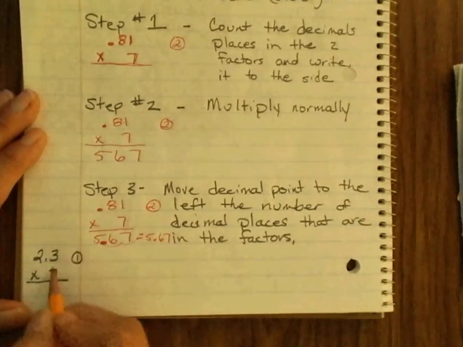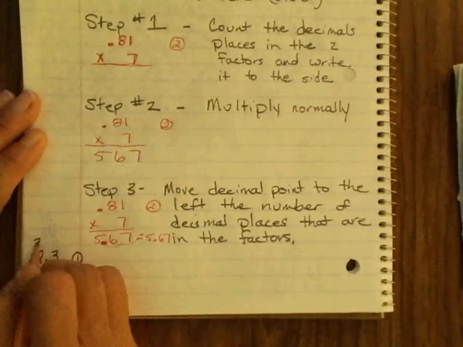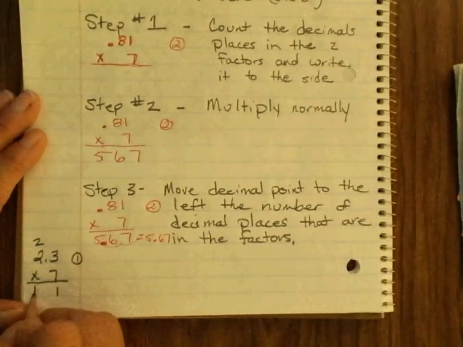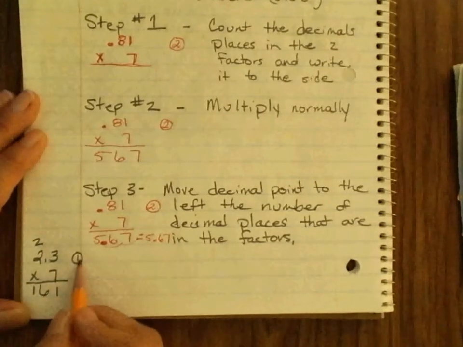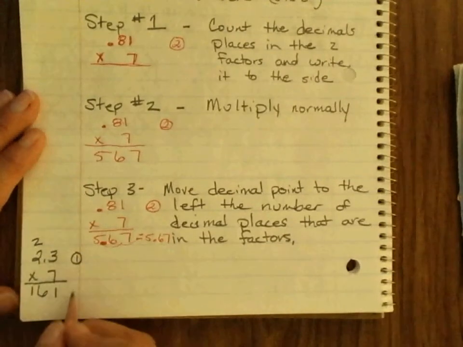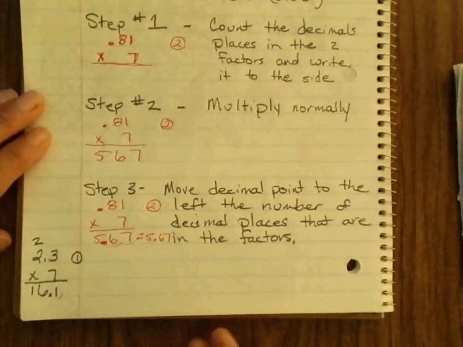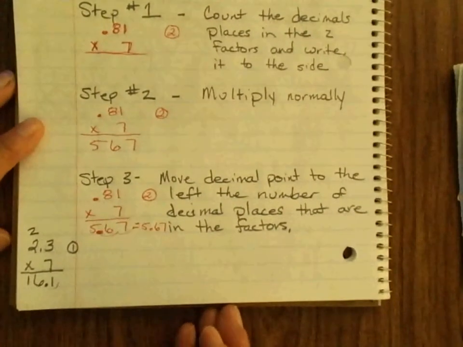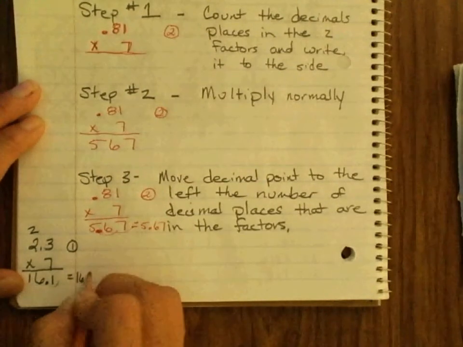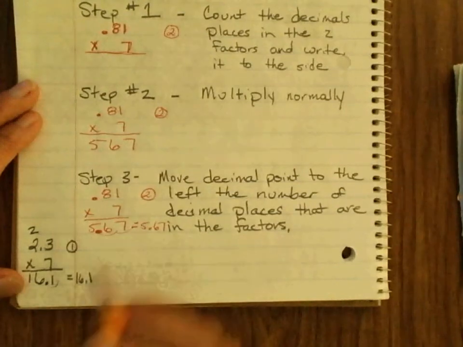Right there, it's the 3. 7 times 3 is 21. Regroup the 2. I have 7 times 2 is 14, plus 2 is 16, with 1 digit behind the decimal. Our answer was more than 14.